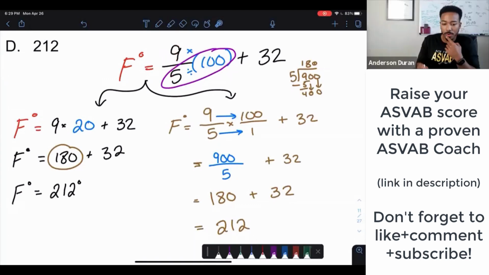And with that, instead of multiplying by 9 first, you're perfectly allowed to divide by the denominator first. So if you do 100 divided by 5, you end up getting 20. And you still have to multiply by that 9, and that's why it's right there. Then 9 times 20, I think, is a lot easier than 900 divided by 5. You see what I'm saying there?